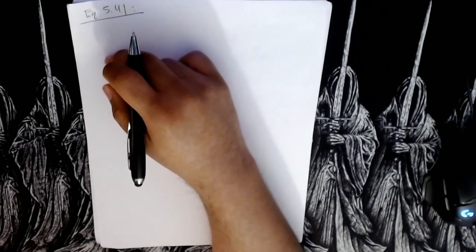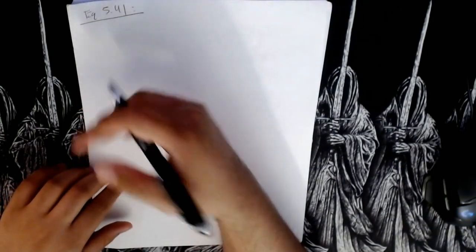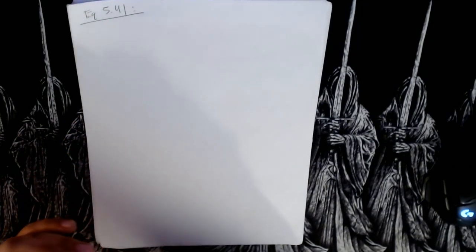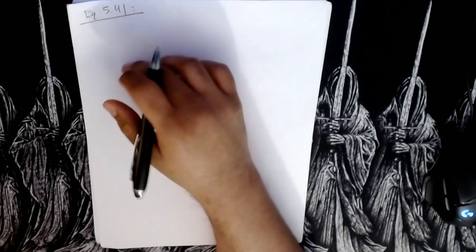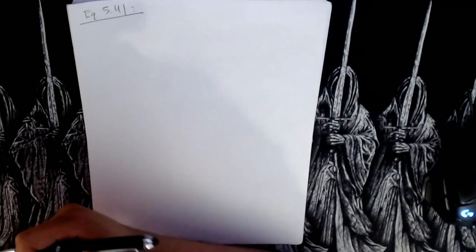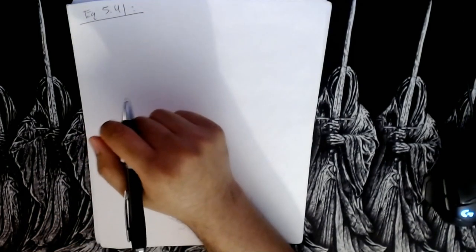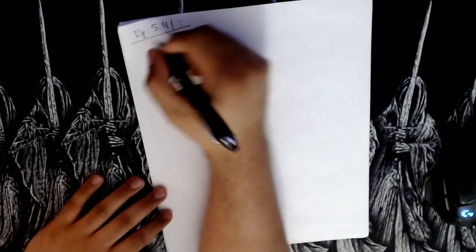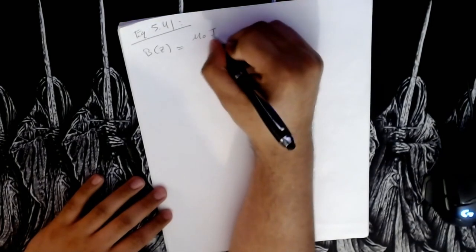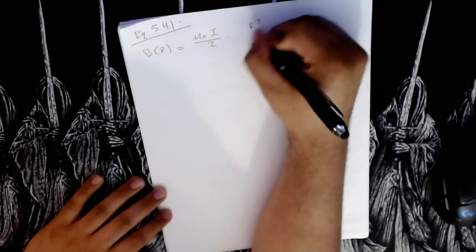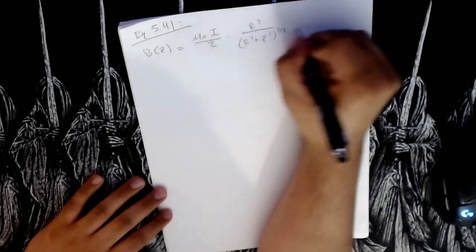It's the result from example 5.6, which reads: find the magnetic field a distance z above the center of a circular loop of radius r, which carries a steady current I. The example itself is not so important, but rather the result, which shows that the magnetic field as a function of z is equal to mu naught I over 2 times r squared over r squared plus z squared, all to the 3/2.